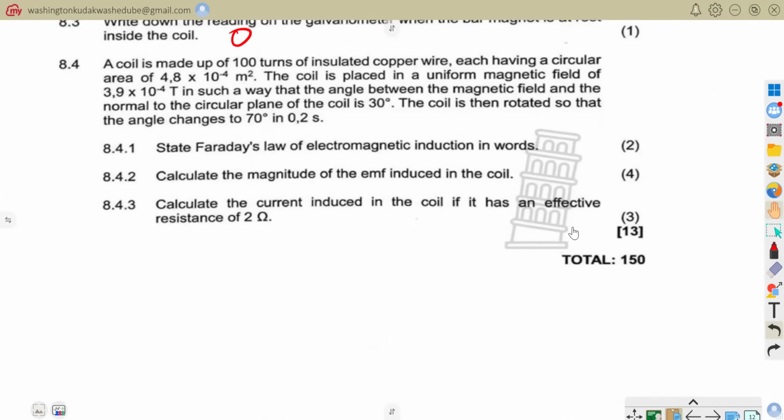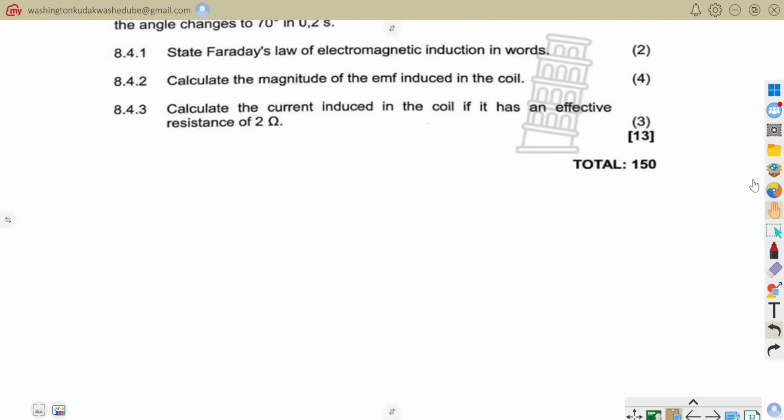Now they're saying state Faraday's law of electromagnetic induction in words.